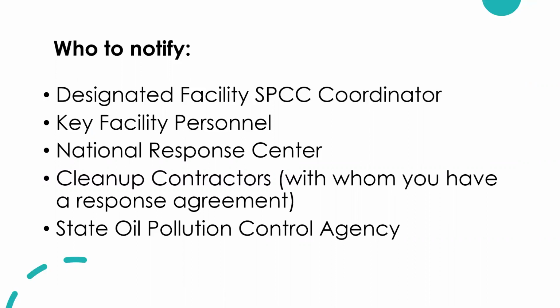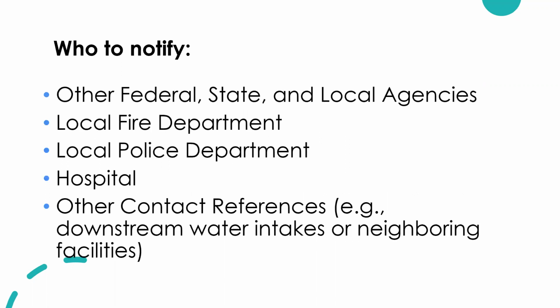Who you notify, you want to let your designated facility SPCC coordinator know, any key facility personnel, the National Response Center, which is part of the U.S. Coast Guard, any cleanup contractors if you have someone in a response agreement, your state oil pollution control agency, any other federal, state, and local agencies that are required to be notified in your state, the local fire department and police department in the case it is a hazardous material, the hospital, and then other contact references.